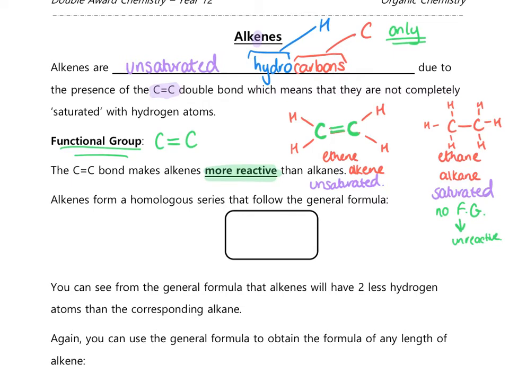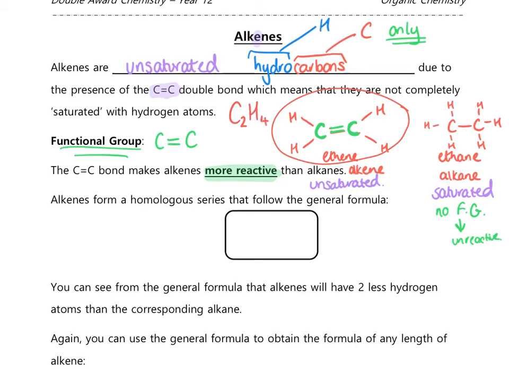As we know from our definition of our homologous series, they all follow the same general formula. The general formula of an alkene we can actually see from our molecule ethene here. So if we look at ethene again, how many carbons are there? There are 2 carbons. How many hydrogens are there?